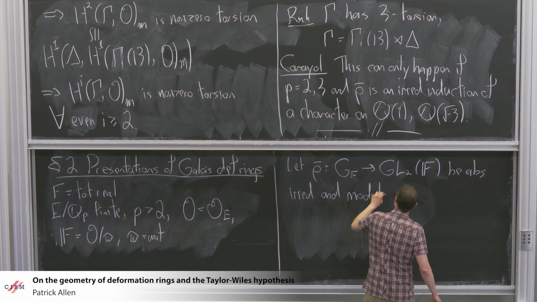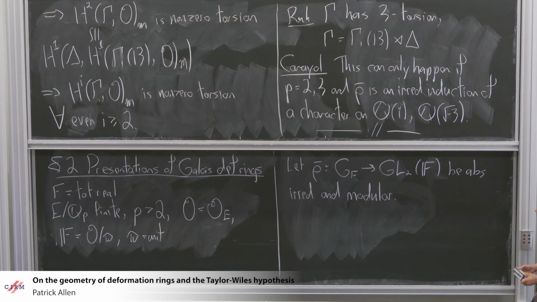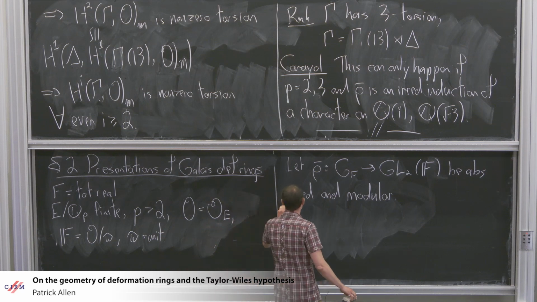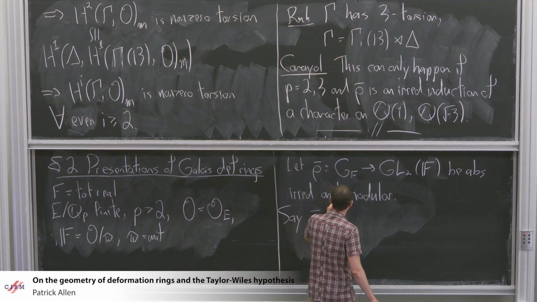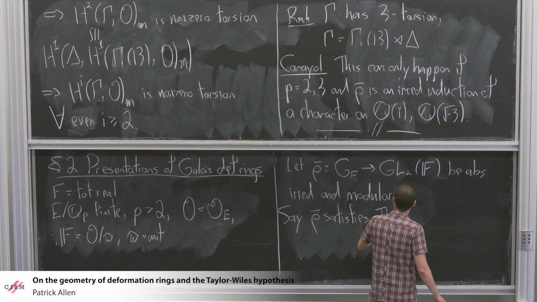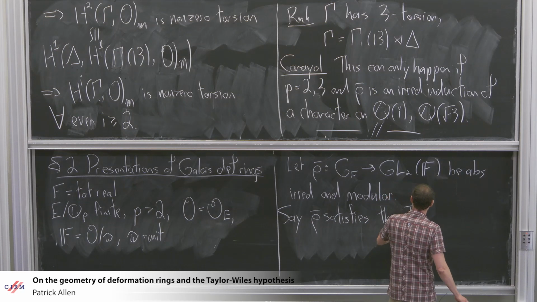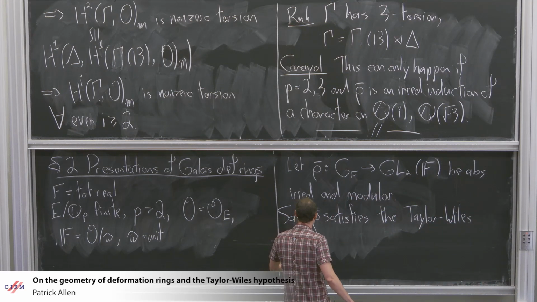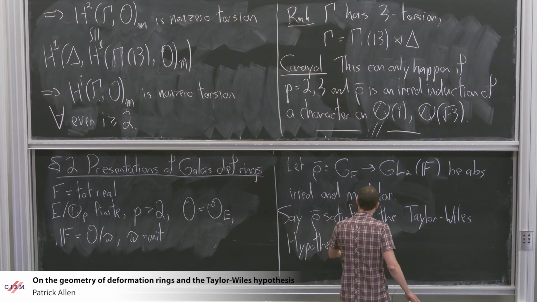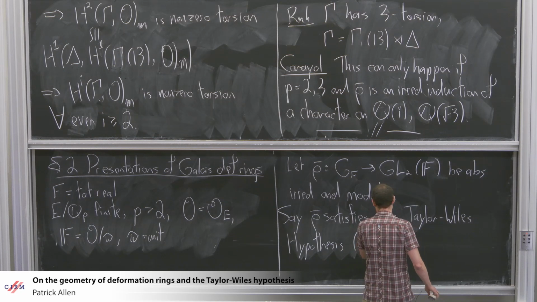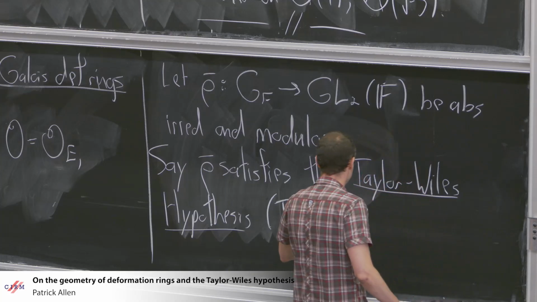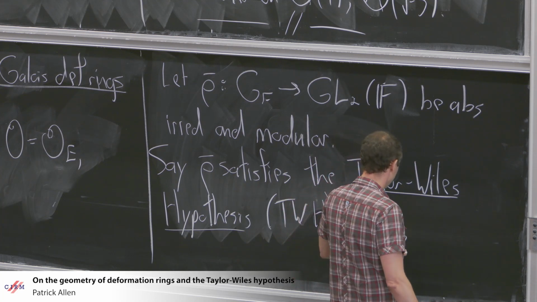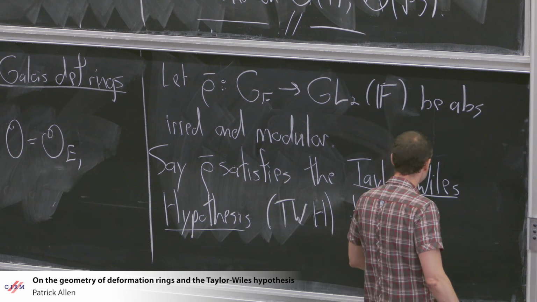Let's assume it comes from some Hilbert modular form in characteristic 0, and we take its reduction, this Galois representation. Let's say rho bar satisfies the Taylor-Wiles hypothesis (TWH) if its restriction to the field where you adjoin a p-th root of unity is still absolutely irreducible.